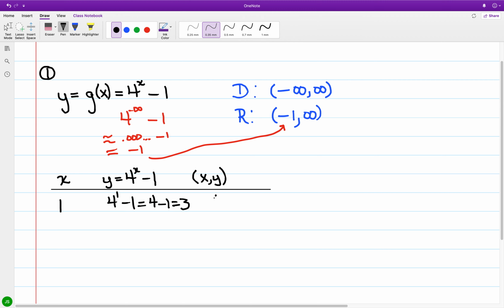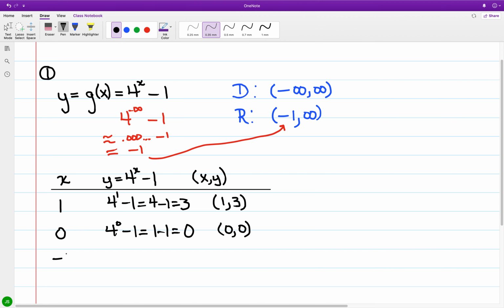So as an ordered pair in the x, y coordinate system, we have 1, 3. Say if I have x at 0, now we have 4 to the 0, that's 1, take away 1. 4 to the 0 is 1, minus 1, and that is equal to 0. So we have the origin, 0, 0.